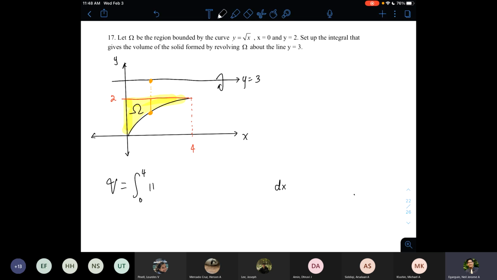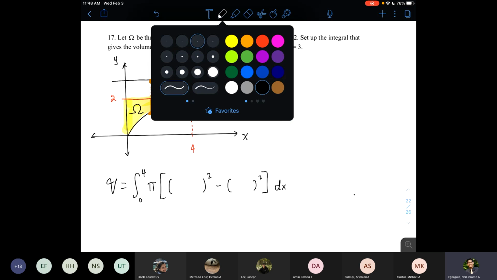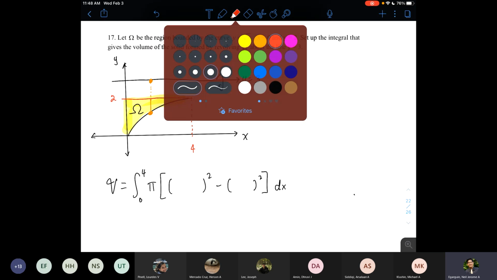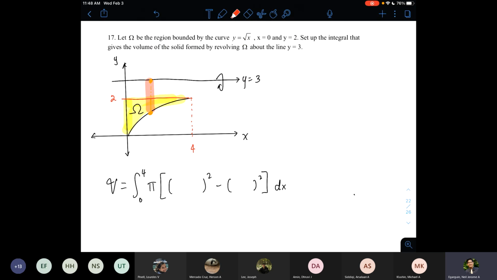And then the integrand would be pi times outer radius squared minus the inner radius squared. Okay. Now, what is the outer radius? Again, the outer radius is the radius or the length of the entire vertical strip. How long is that? Again, it's top minus bottom.